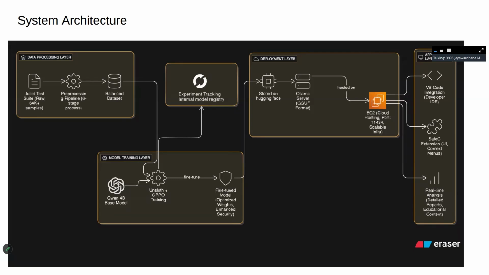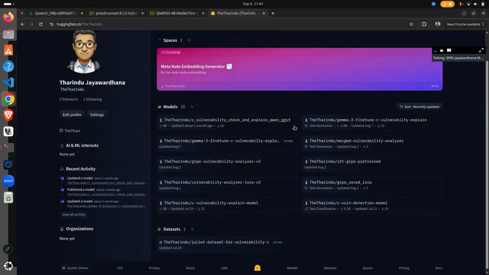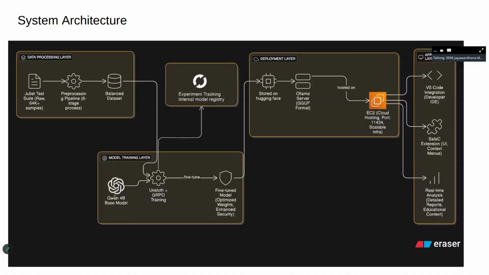We tested several models with fine-tuning, and here are the models used, and we found that Qwen3 4 billion is the best fit for our approach. Then we use Unsloth plus GRPO training for fine-tuning this model, and optimize weights using LoRA adaptation. Then we stored the trained fine-tuned model in Hugging Face.